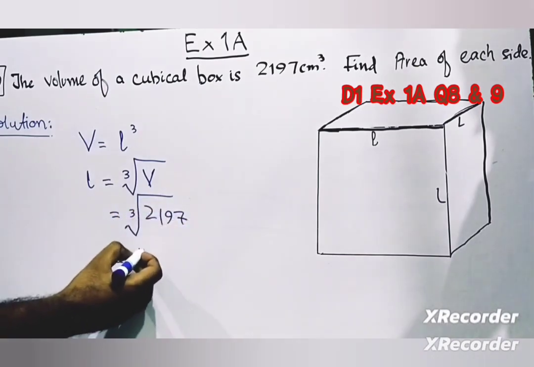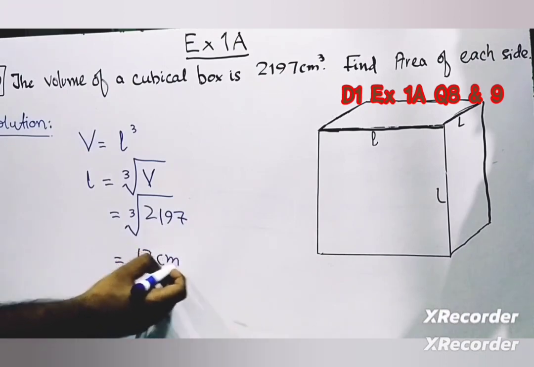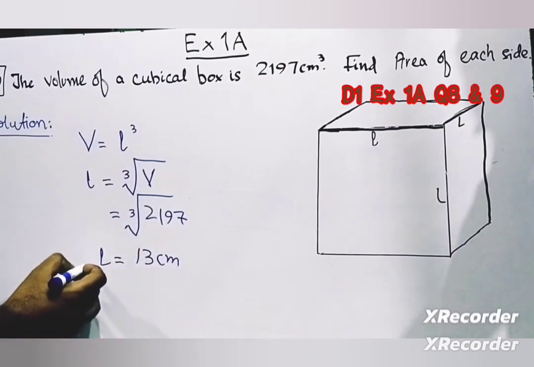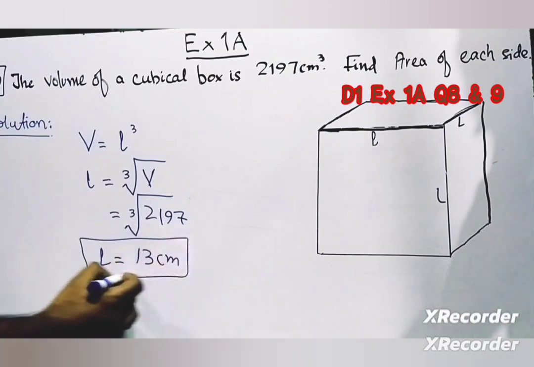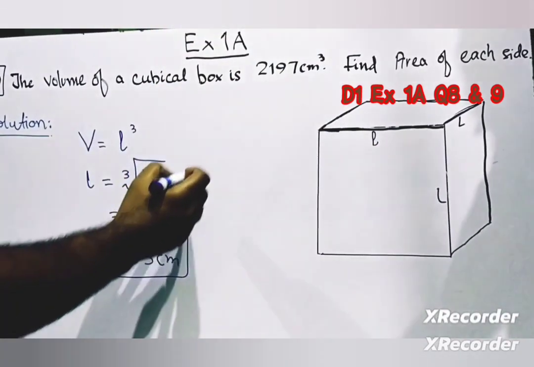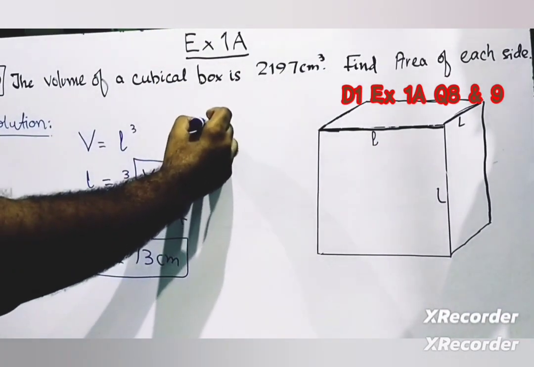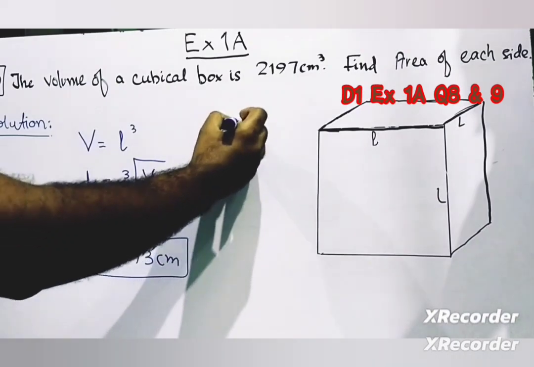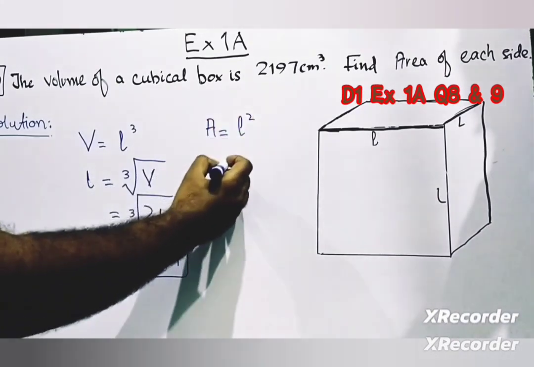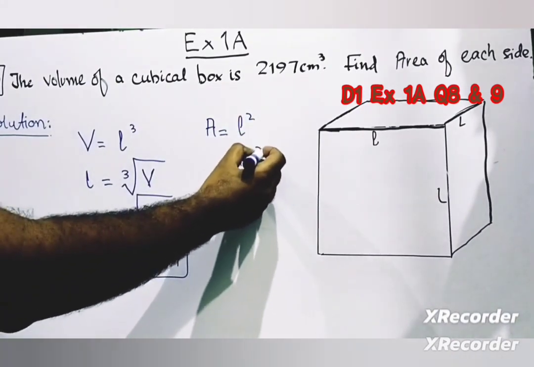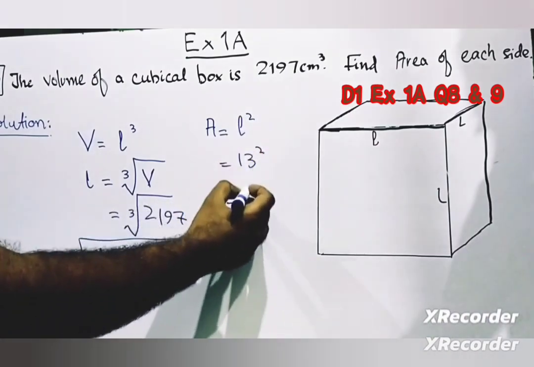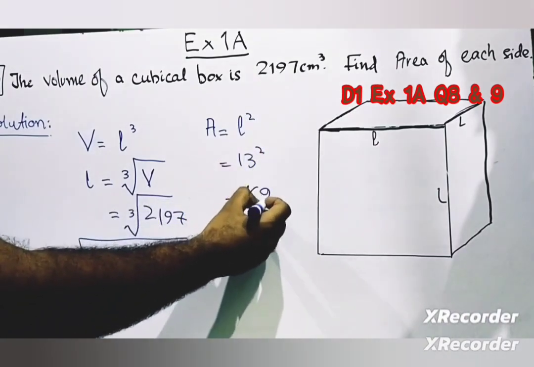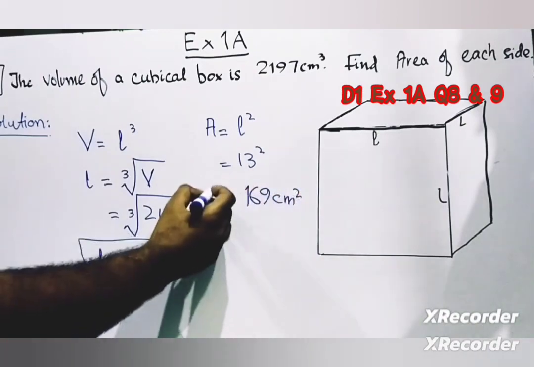That will come to 13 centimeter. So we get the length of each side is 13 centimeter. For finding the area, we know the formula of the area of a square is L squared, that is 13 squared. The answer we get is 169 centimeter squared.